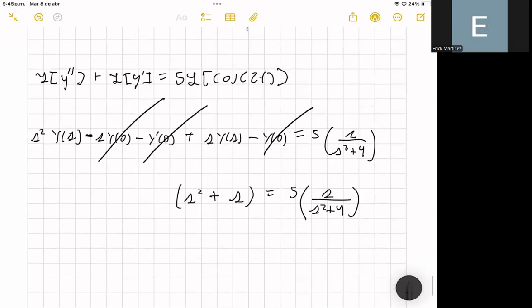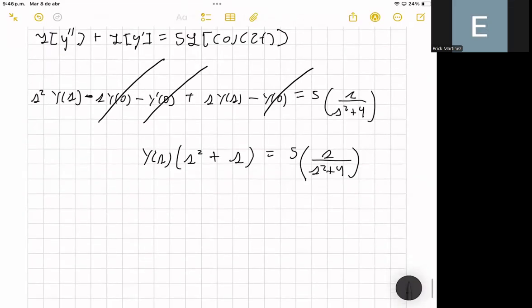Now we can solve this algebraic equation for y of s, and this is equal to 5 times s divided by s squared plus 4 times s squared plus s. This is the solution of the algebraic equation.